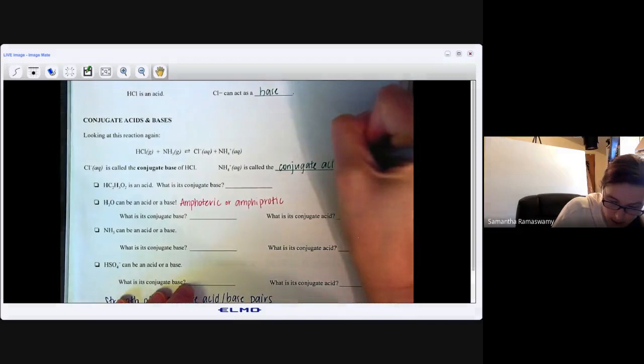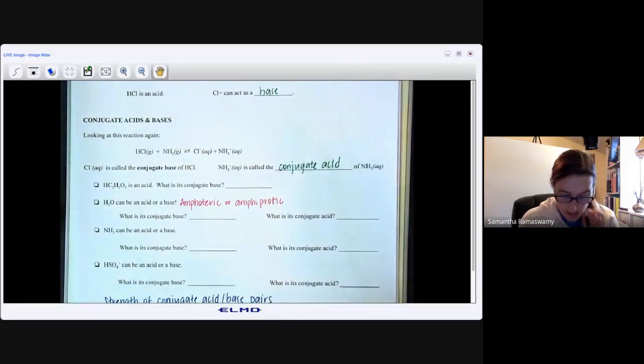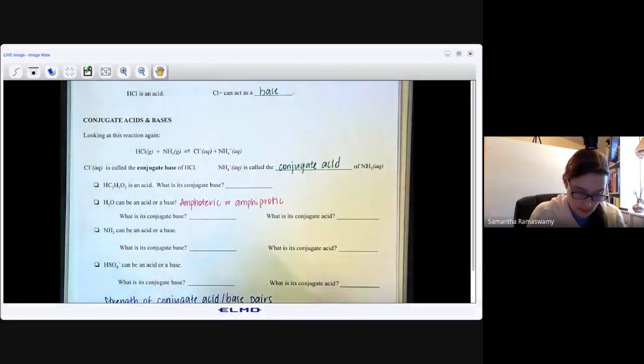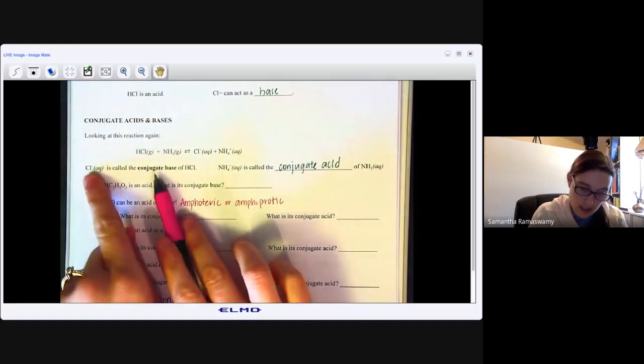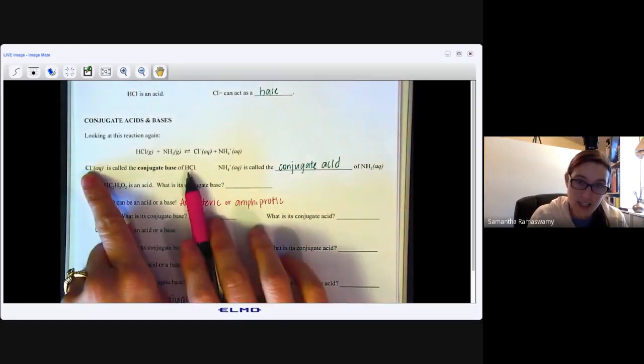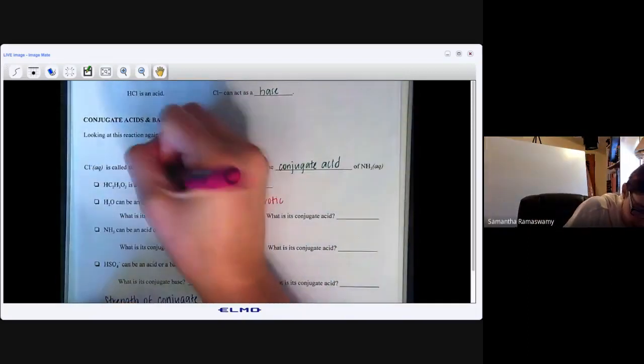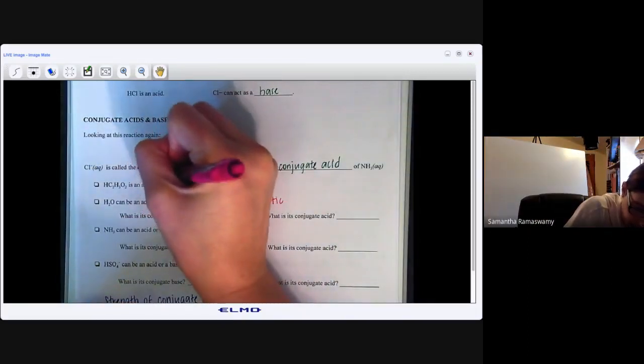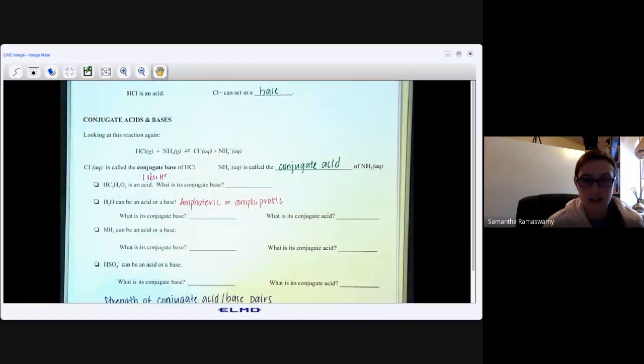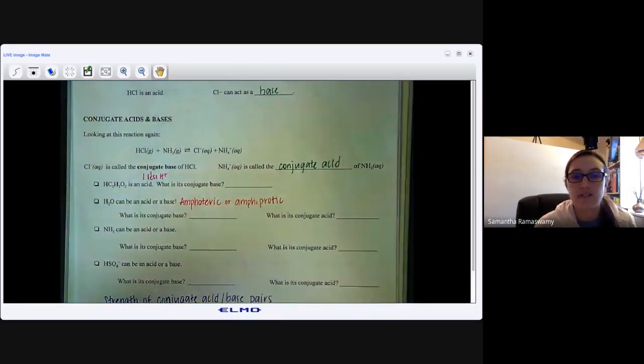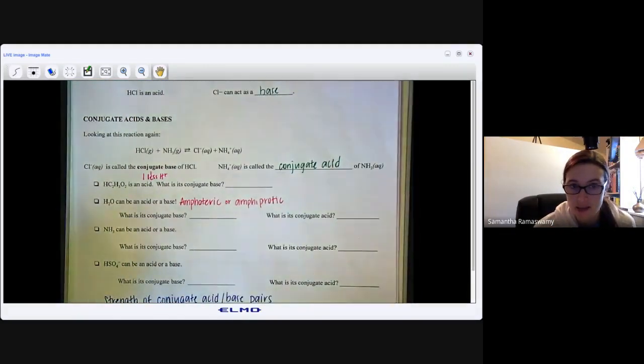Remember that a conjugate base, Cl minus, has one less proton than HCl. So a conjugate base has one less H plus than the acid. They only differ by one H plus, just one.